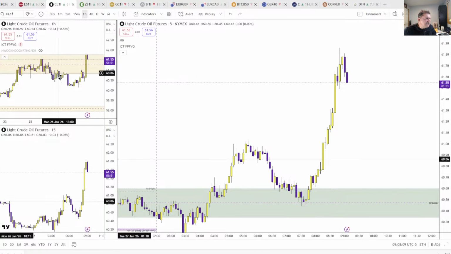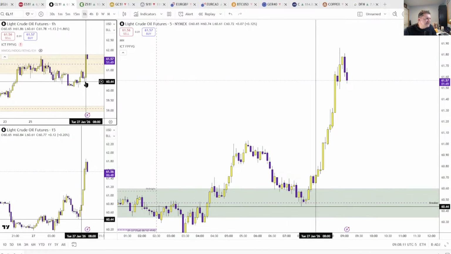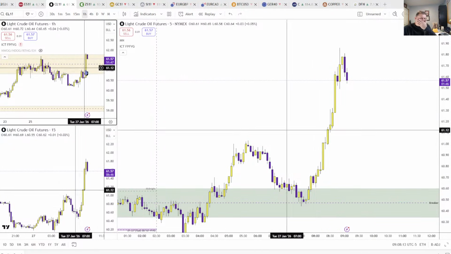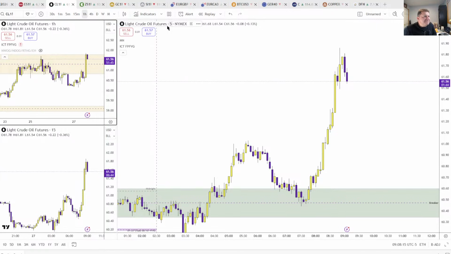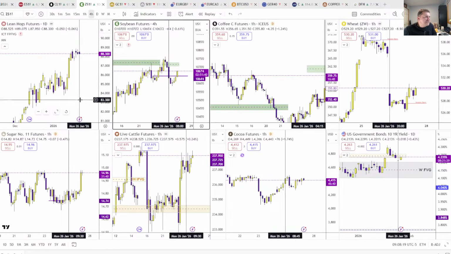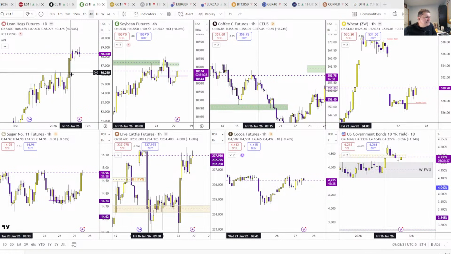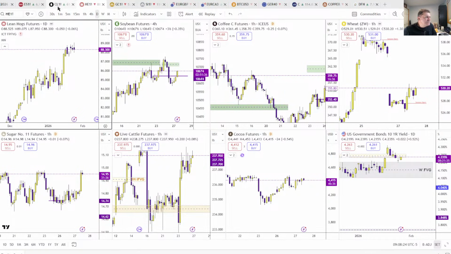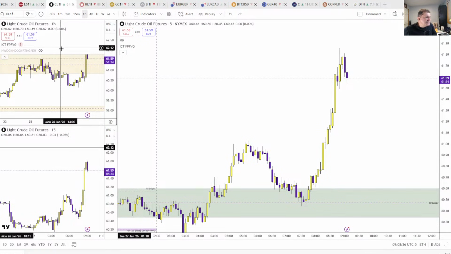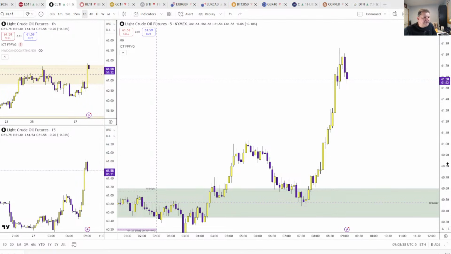Body breaks here, breaks the high, comes back into the SIBI, sends it higher. So, sorry, I didn't give you a direction. Where do I think that's going to go?